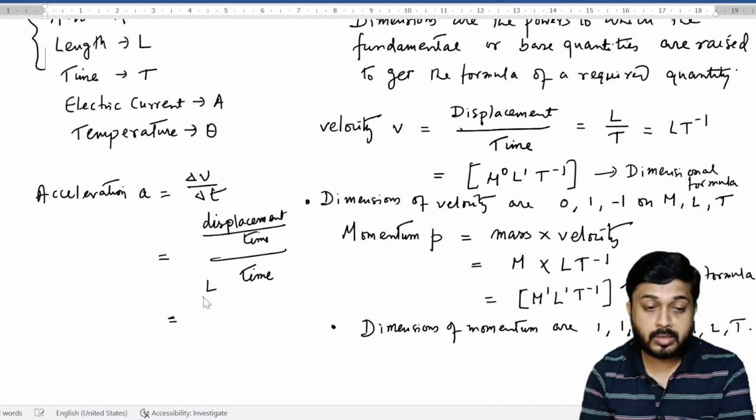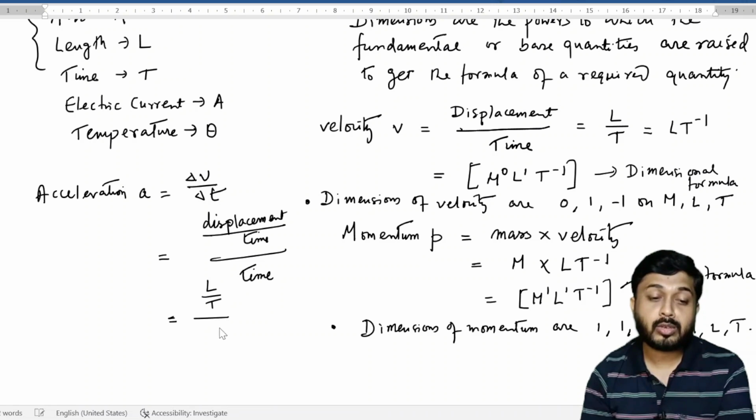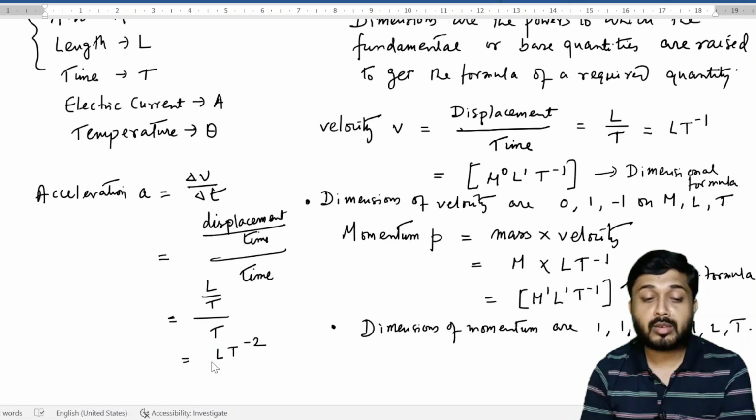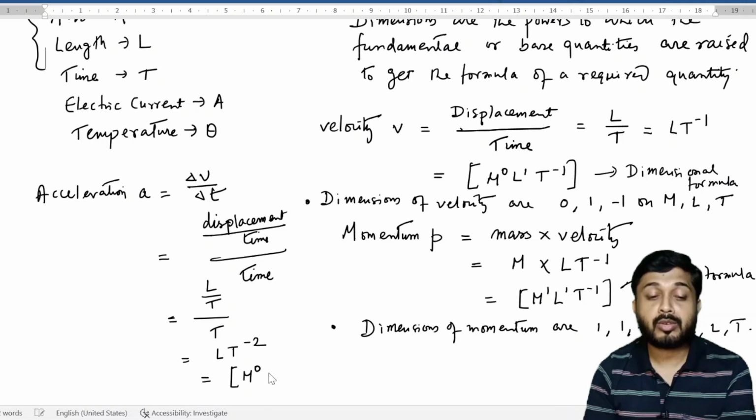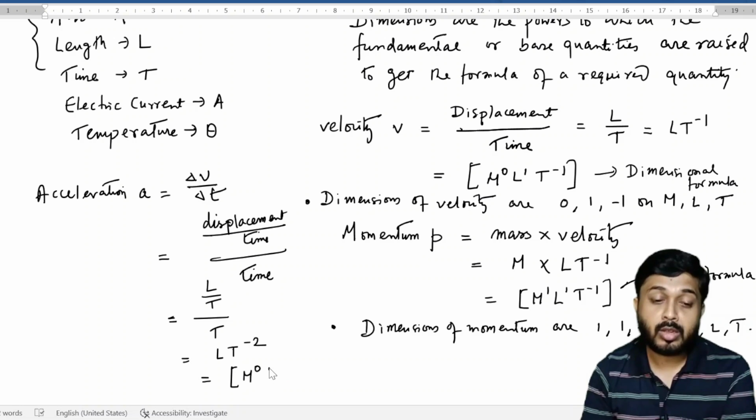What is displacement? It's nothing but a length. And what is time? It is capital T, with which we denote time, and in the denominator also time. So all we are getting is LT to the power minus 2, isn't it? So in the dimensional formula you may write with capital M as well, M to the power 0, L to the power 1 and T to the power minus 2.